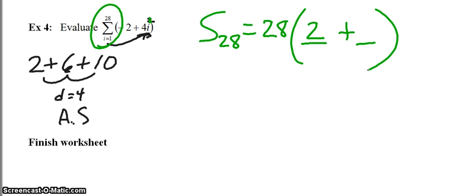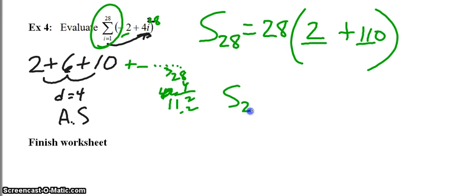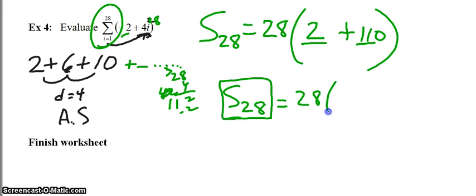If I stick in a 28, 4 times 28 is about 112, plus that negative 2, that'll give me 110. So again, you could keep on going and get up to 28 terms, but I don't think we want to do that. So this notation means the sum of these 28 terms will equal what? 28 times 112. Check my math here.